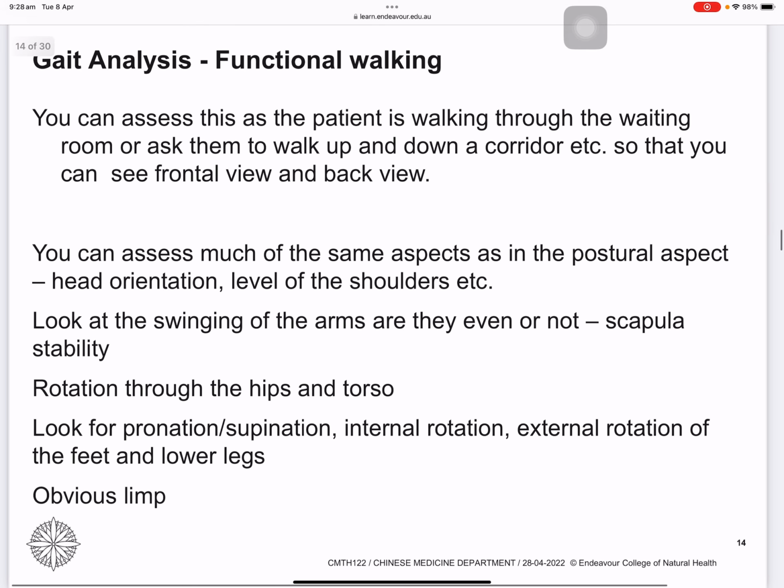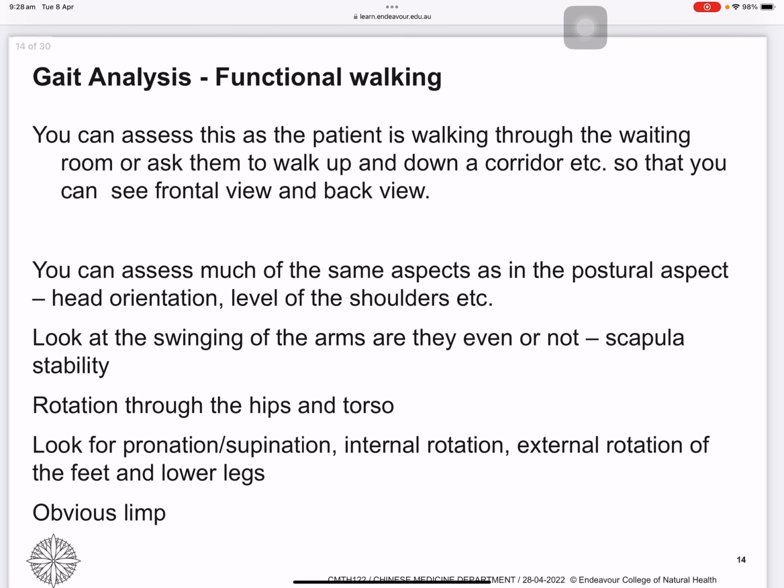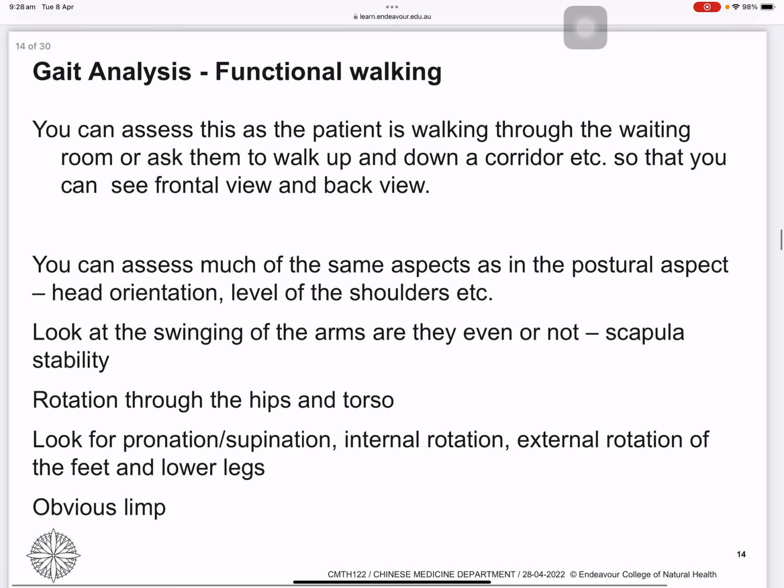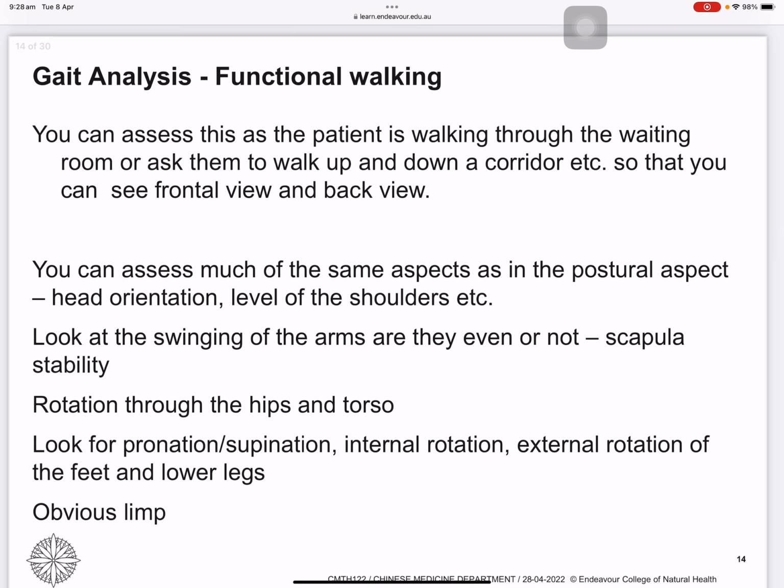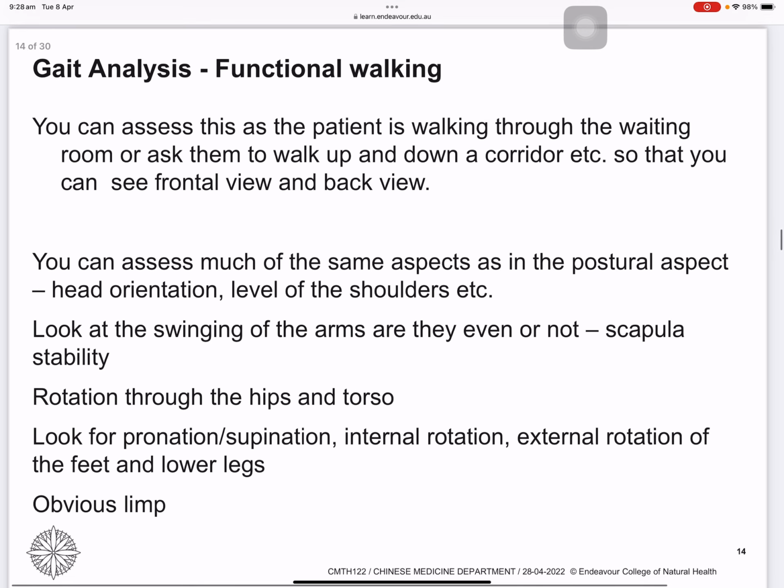Then we talk about the baseline analysis, functional walking. Through the walking of the patient, as they walk through the waiting room, you can have a very initial assessment of the posture and see how they are walking, like the head orientation and the level of the shoulder.